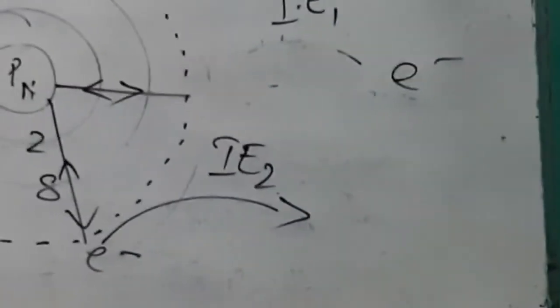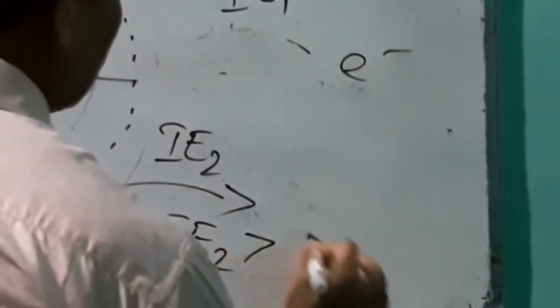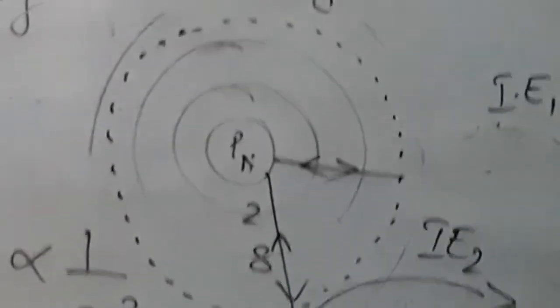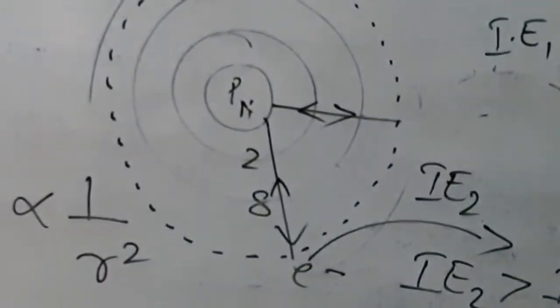IE2. So the magnitude of IE2 will be greater than the magnitude of IE1. Whenever you want to lose the second electron from an atom, you have to supply more energy as compared to the first ionization energy.